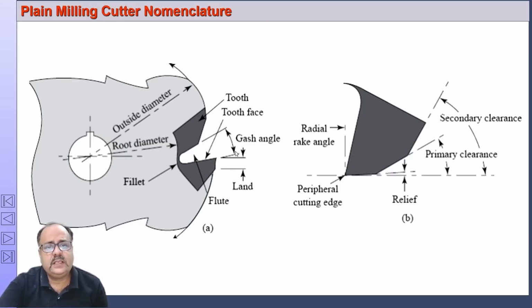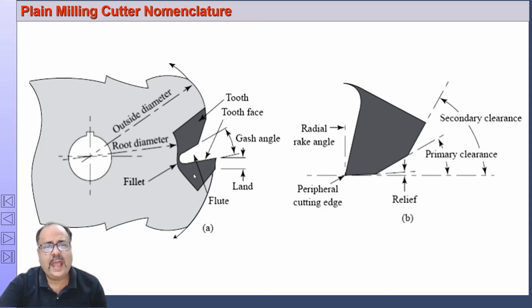Okay, so this is the gash angle. The gap between the two teeth is called the flute. This gap is created by the clearance angle, and it provides the space for the chips to flow. Okay, this is the land.